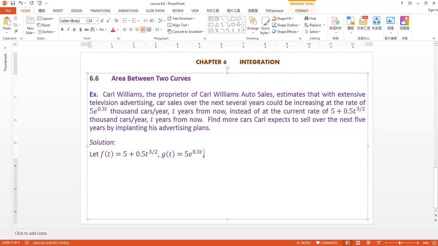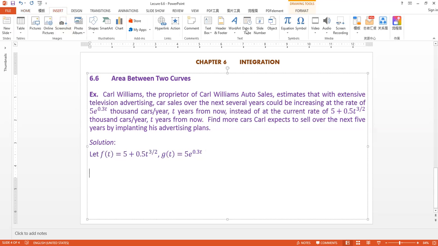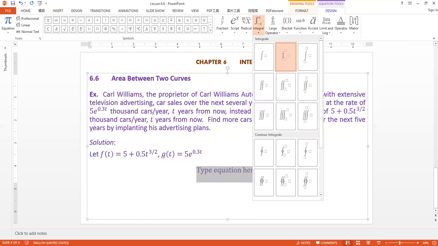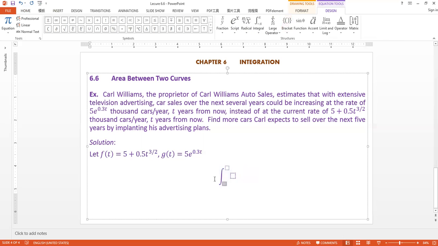So the problem becomes the integral of f minus g, I mean g minus f actually, from 0 to 5. Okay, because we're trying to find the difference of the total sales in the next 5 years. So that's from 0 to 5 from now on.